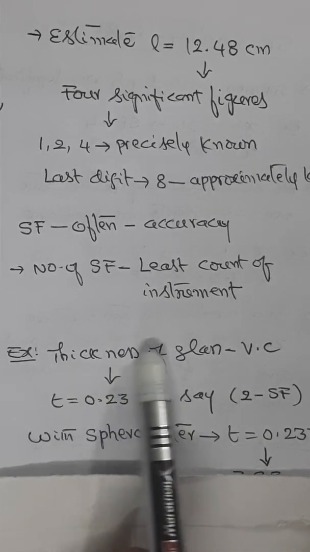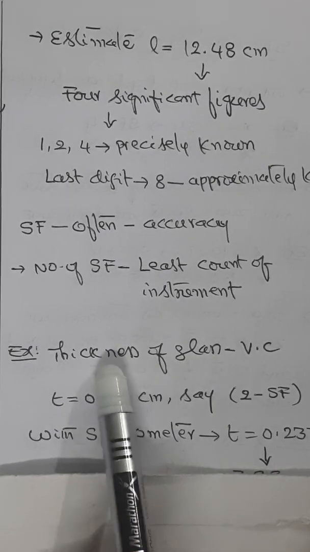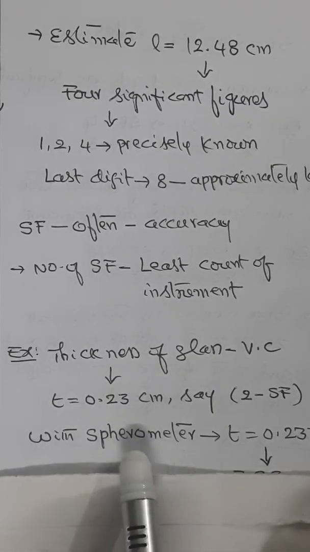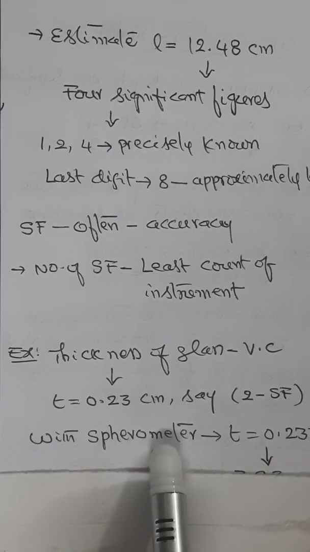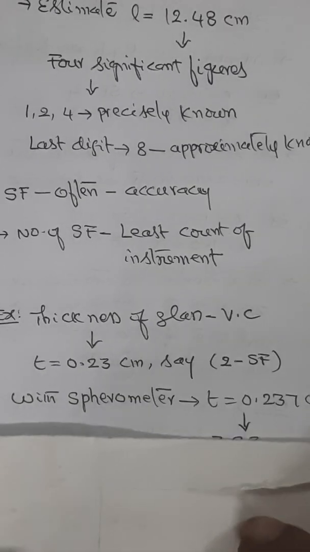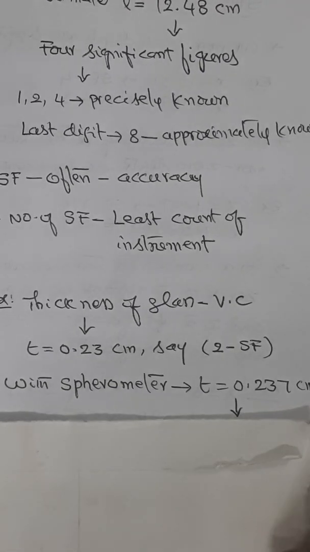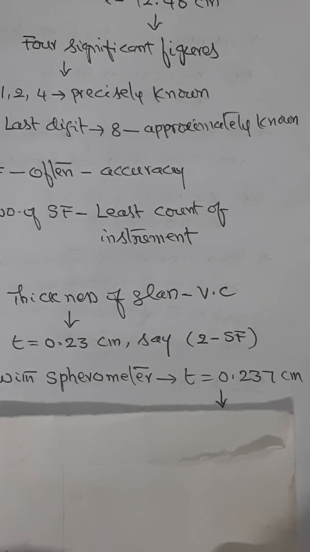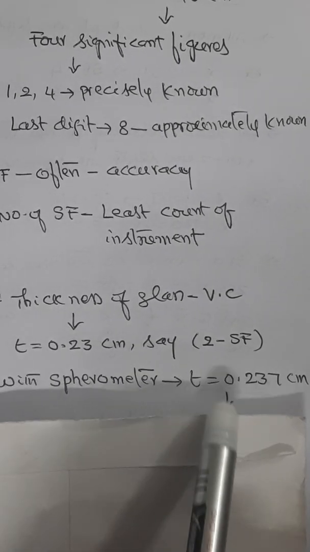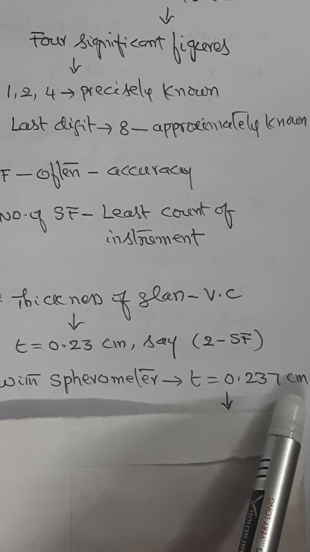When you measure the same thickness of the same glass plate using another instrument, let us say a spirometer, you got the value as 0.237 centimeters.